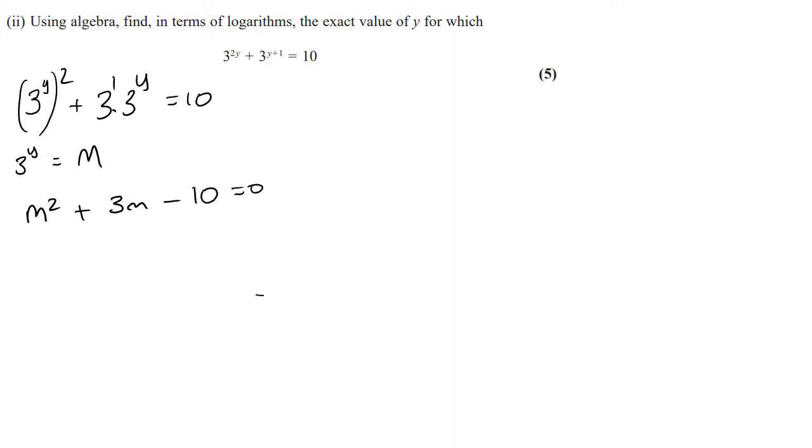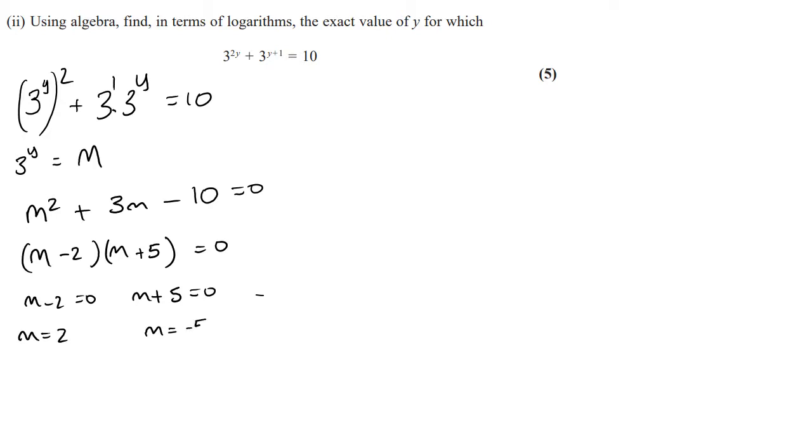How you solve this, factorize it, complete the square, or use the formula, doesn't make any difference, as long as you have a technique. So minus 10 will be split into 5 and 2, so it's plus 5 and minus 2. So m minus 2 is equal to 0, m plus 5 is equal to 0, m is equal to 2, and m is equal to minus 5.